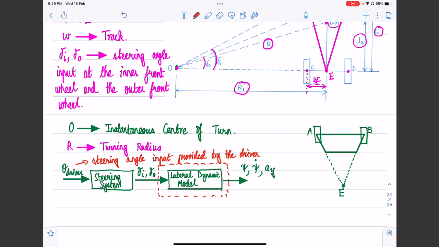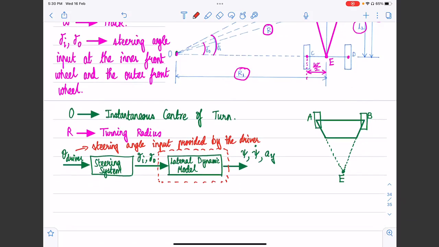I just wanted to tell you the overall flow of information as far as modeling the complete cornering responses. Going forward, let's derive an equation that will help us in relating various variables associated with the Ackermann steering geometry.